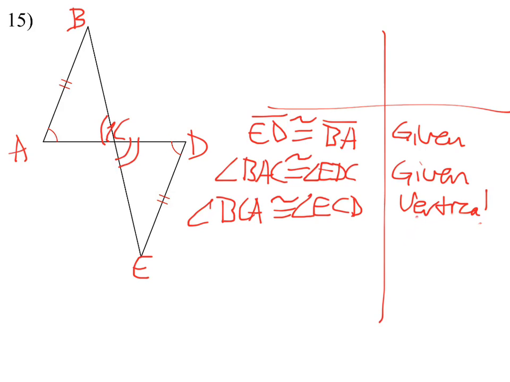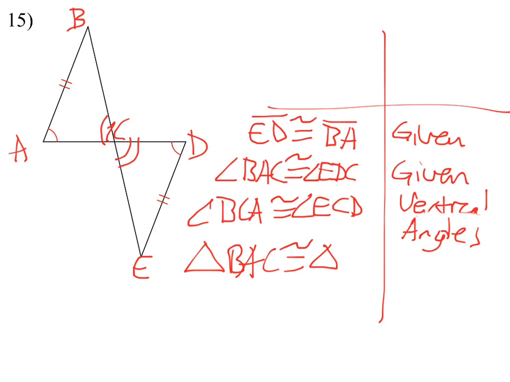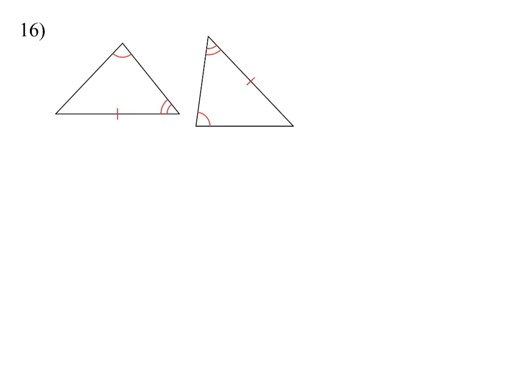Here. Vertical angles. And since we have angle side for both triangles, these two triangles are congruent. So that's triangle BAC congruent to triangle EDC. That's by angle side.